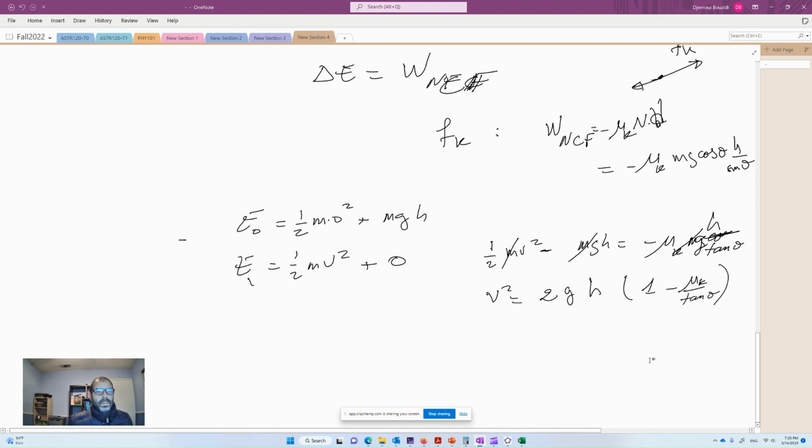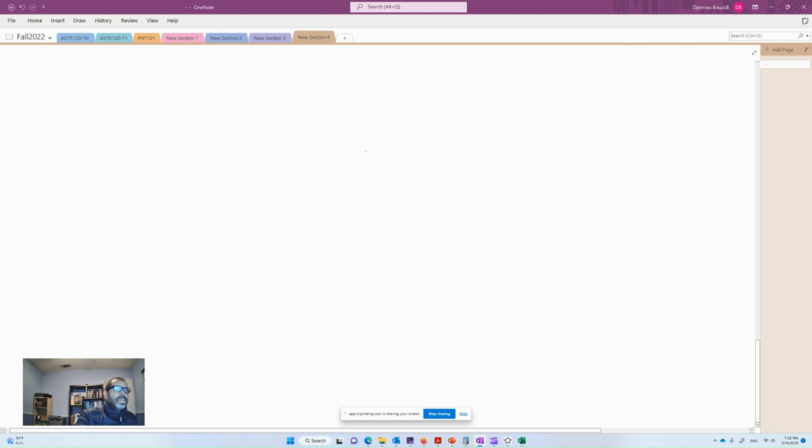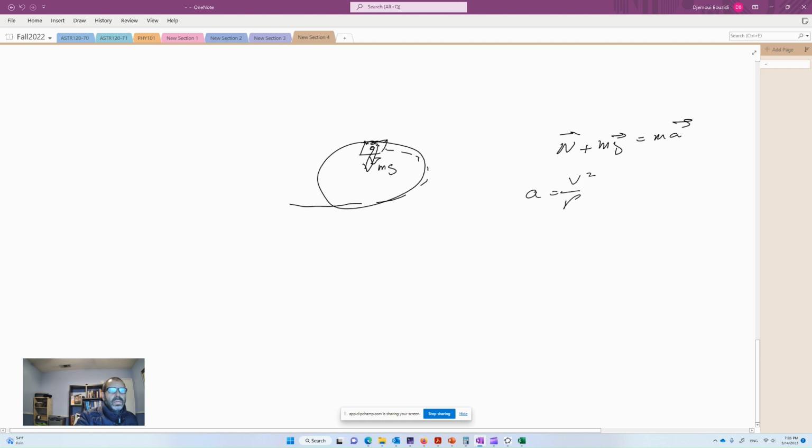So when it's on the loop, you need a velocity in such a way that the centripetal acceleration works out. This is mg, and this is a normal. Again, it's coming through the loop, inside the loop. It's not outside, it's inside the loop. So the normal in this case, plus mg, is equal to ma. And a is equal to v squared over r in magnitude, and N is positive and mg is positive.